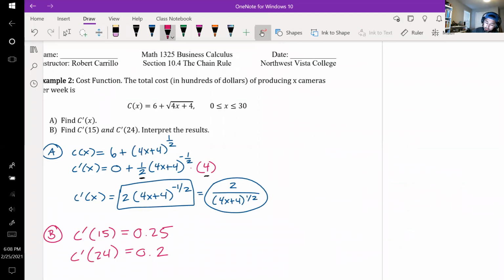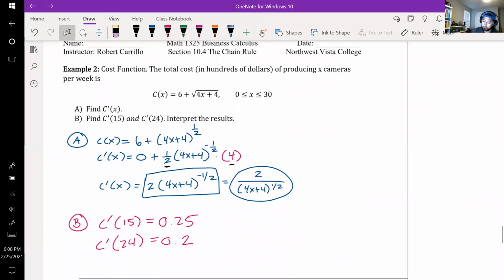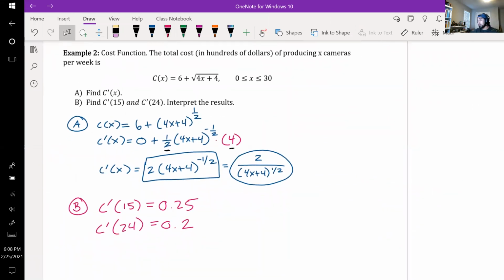And now we want to know, what does all of this mean? So remember, when we're dealing with the derivative, we're just interpreting the slope at a certain x value. So remember here that x is the number of cameras, and whatever the output is the cost in hundreds of dollars. So this says that if we produce 15 cameras, is 0.25 a positive or a negative output? Positive, right?